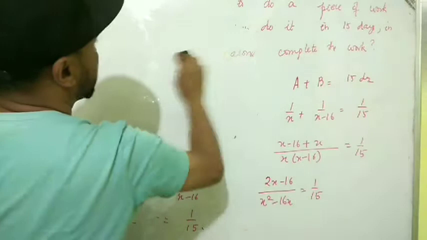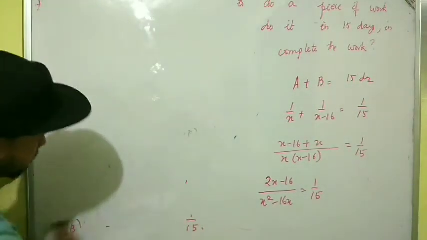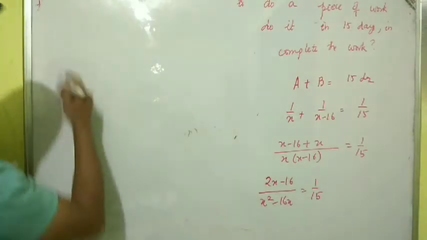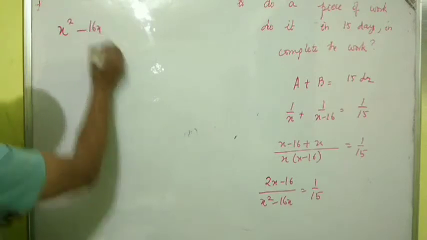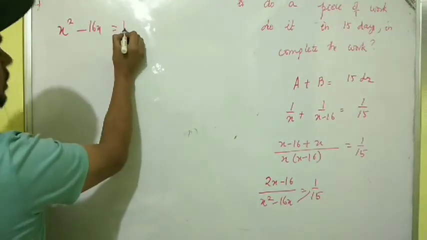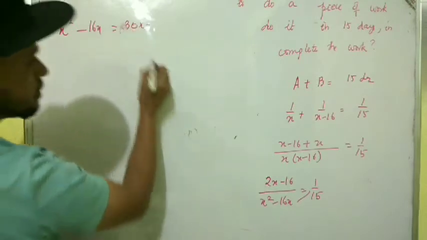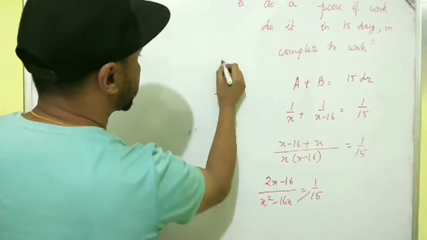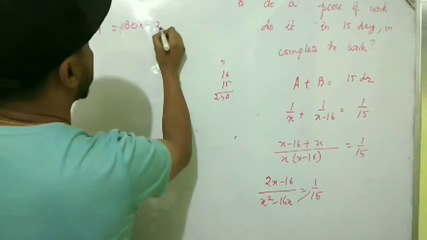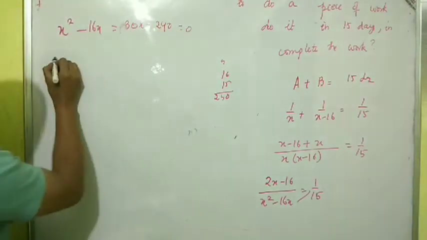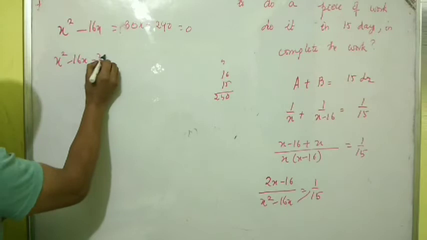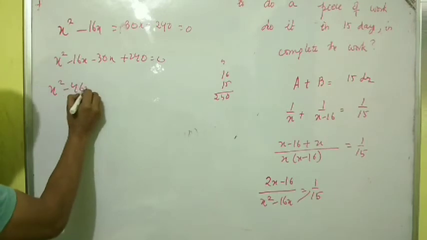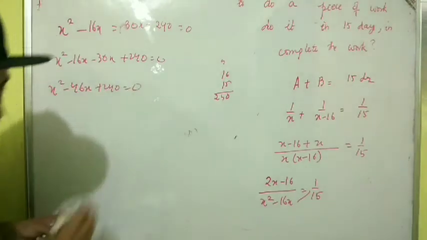We are finding the work done by B. Cross multiplying, 15 into 2x minus 16 gives 30x minus 240 on one side, and x square minus 16x on the other. Now let's take all the terms to one side, so this will be x square minus 46x plus 240 is equal to 0.